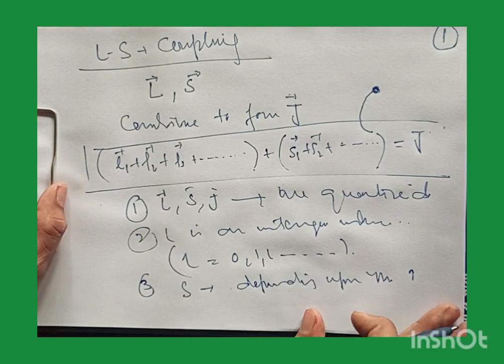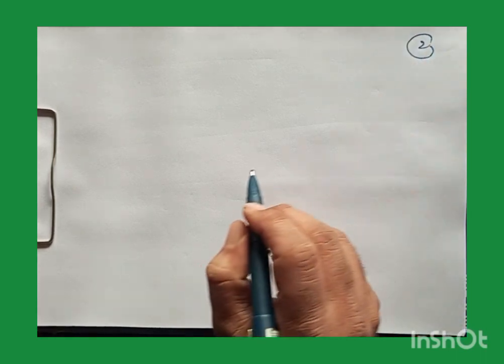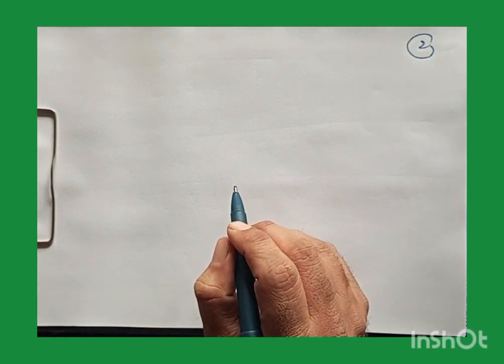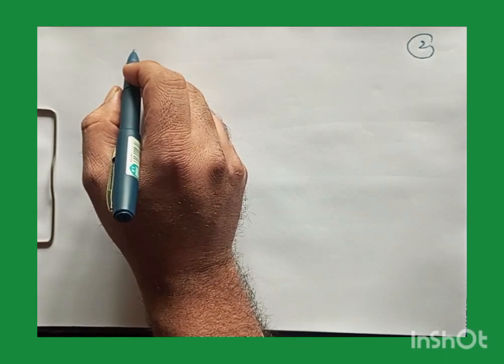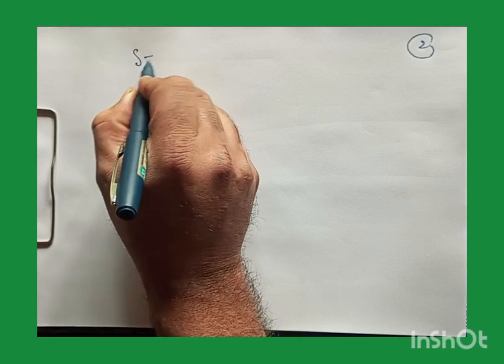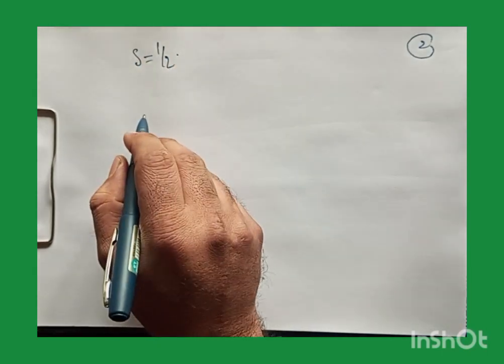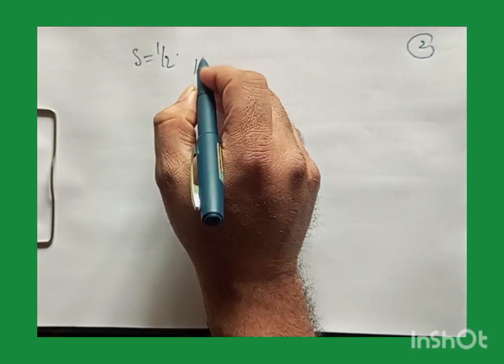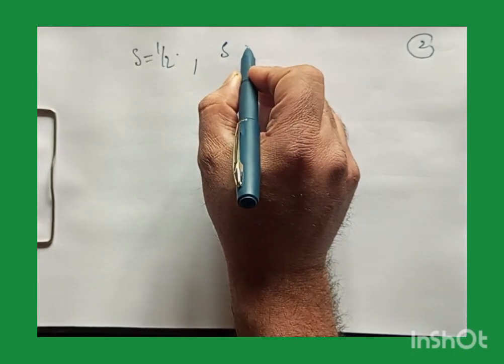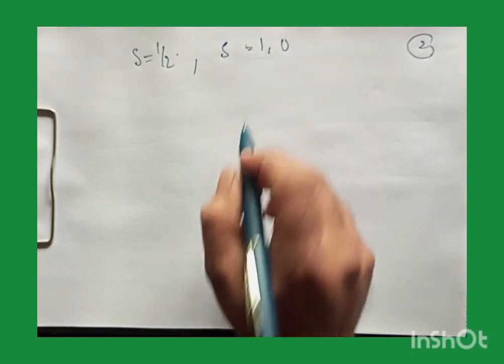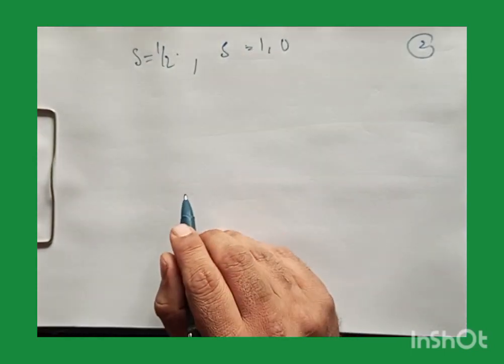Now, if I choose the case of one electron, its spin angular momentum is 1 by 2. And if I choose the case of two electrons, S can be either 1 or 0, depending on the orientation of these spins.